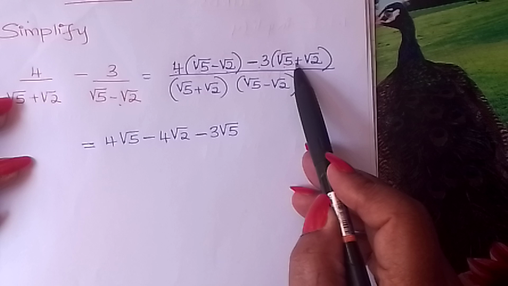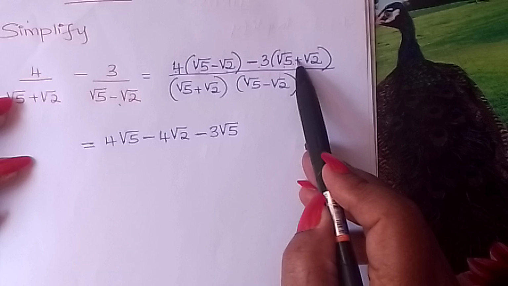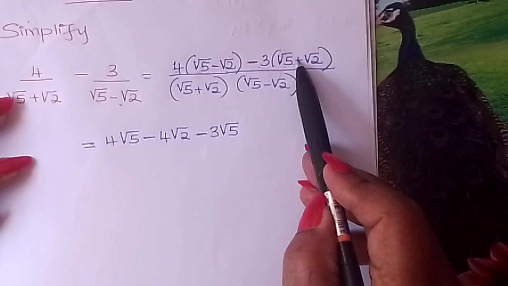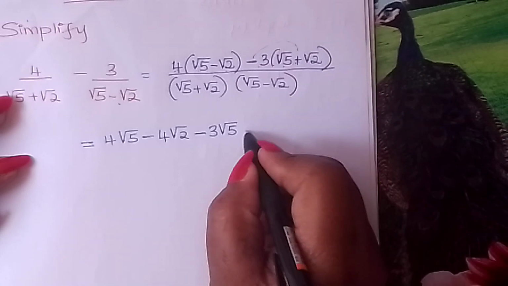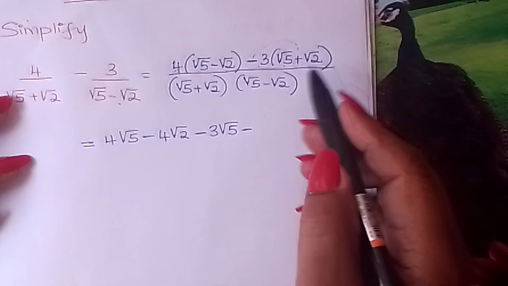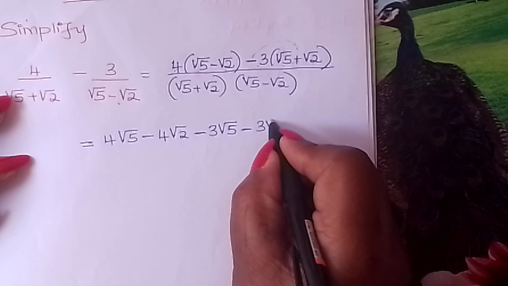Take care of these sides, learner. This is where some people get it wrong. So minus times plus, learner. Minus times plus gives us what? Minus. Then 3 times root 2 gives us 3 root 2.